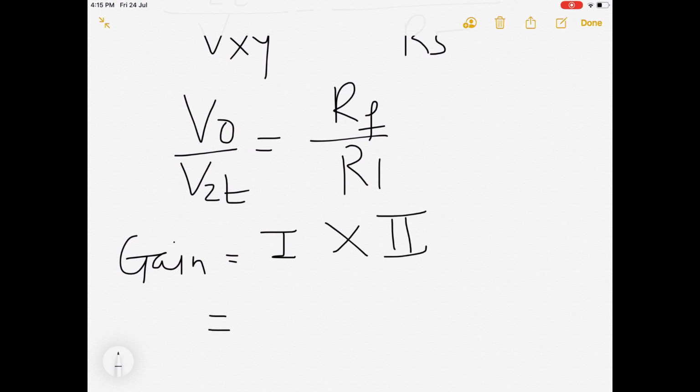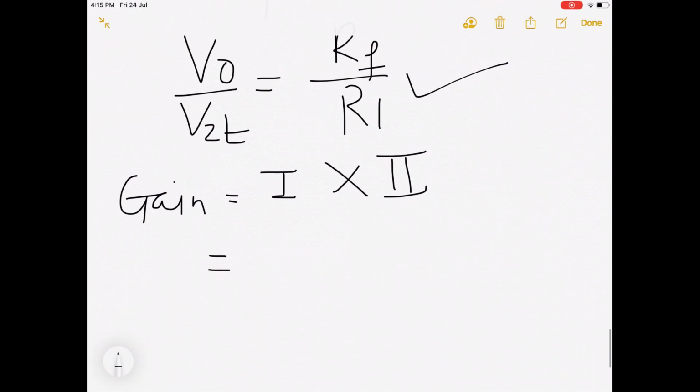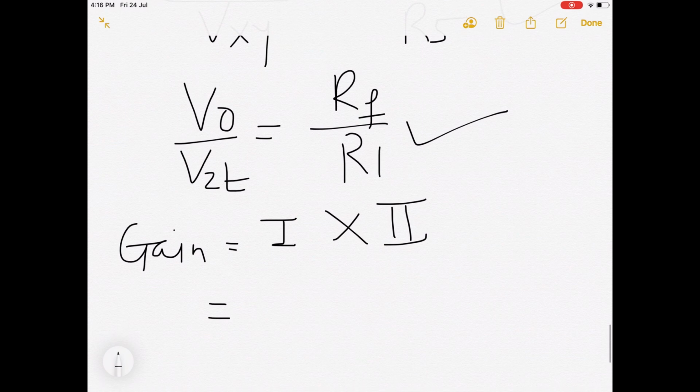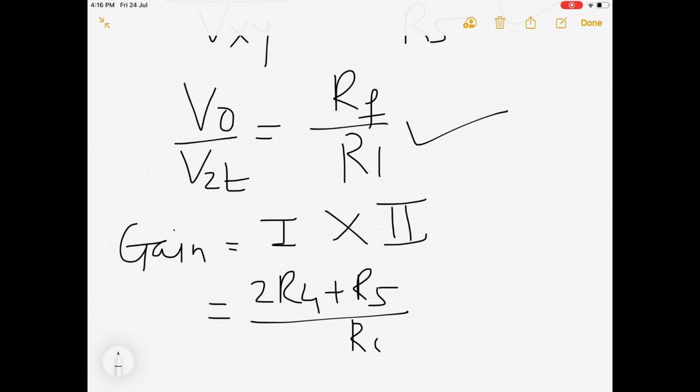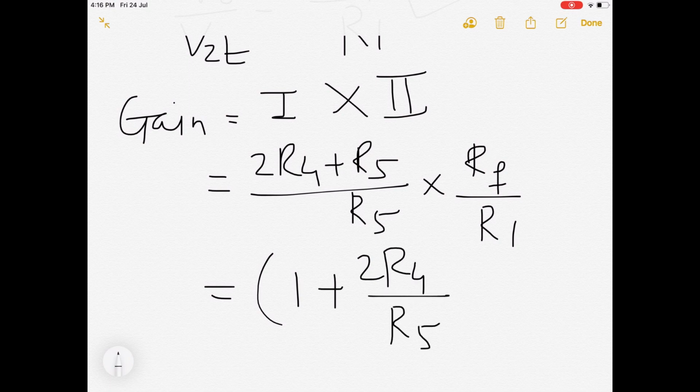So first stage is this one, second stage is this one. So multiply these two: 2R4 plus R5 divided by R5 into Rf by R1. Okay. So finally, you will get 1 plus 2R4 by R5 into Rf by R1.